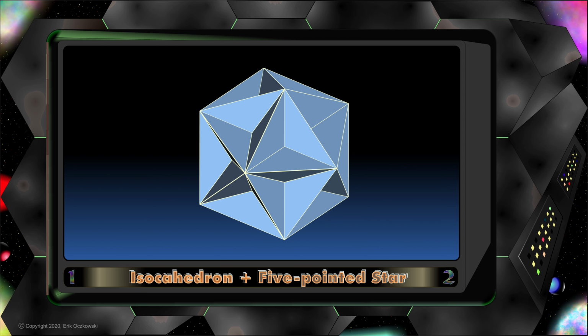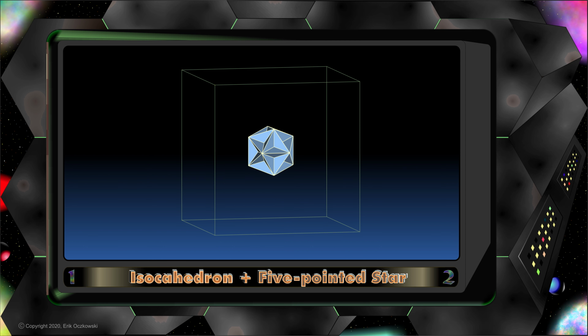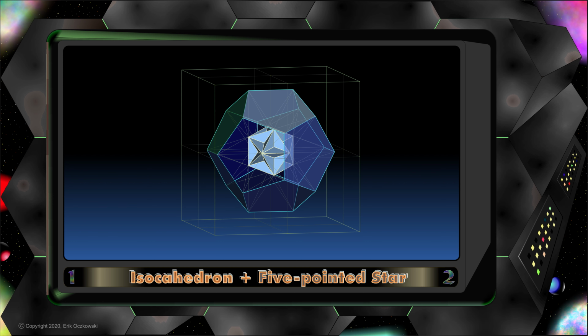Now we can build the same construction backwards, the 5-pointed star with the icosahedron in the center, then the diagonals of the dodecahedron, and the anchoring of the dodecahedron in the cube. What a nice picture. We can see that the dodecahedron can be anchored in the space structure.